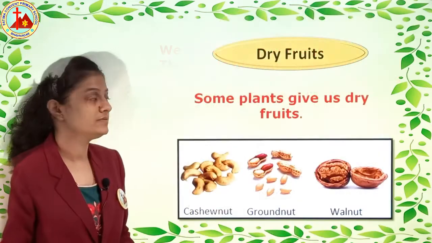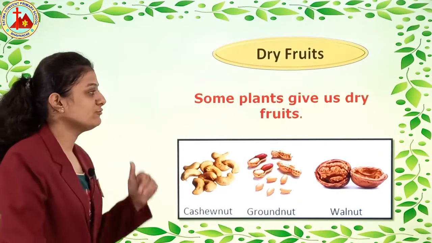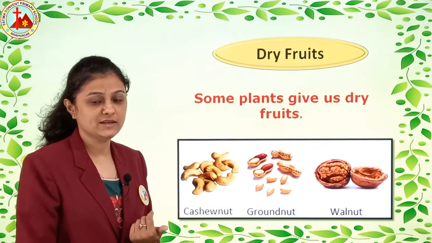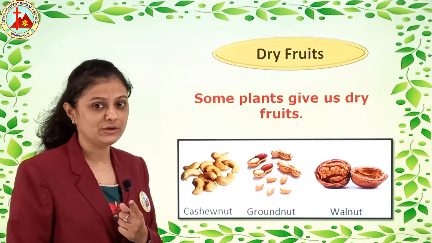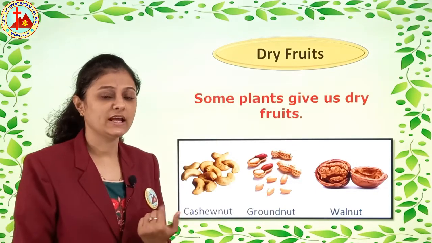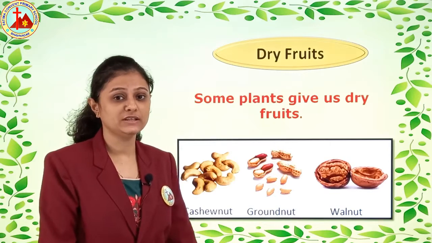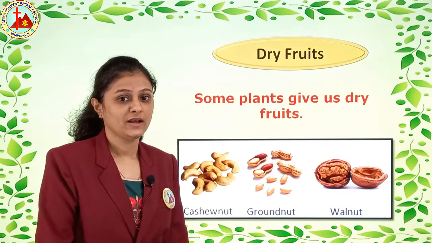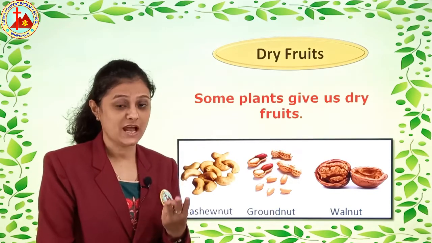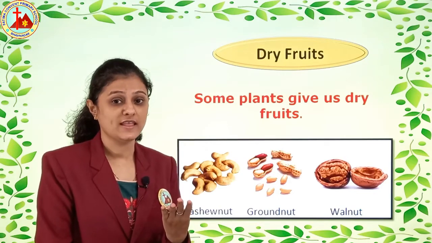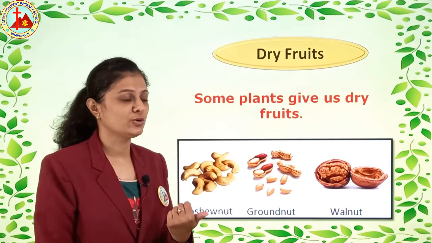Yes, next we will see dry fruits. Everybody eats in the morning, yes or no? All of you eat? Come on, tell me the names of the dry fruits that you eat in the morning. Okay, almonds, cashew, pistachio, so many you all eat.